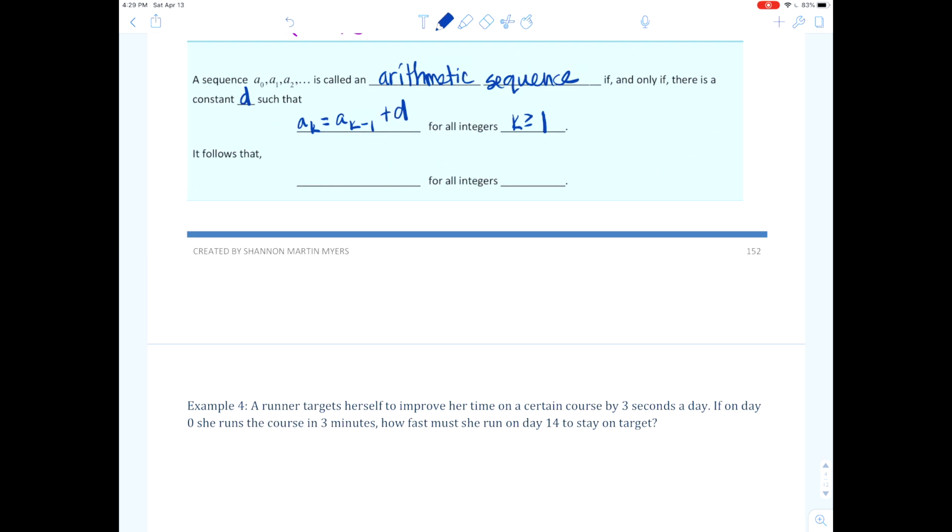So it follows from that that a sub n would equal a0, and then plus, well, you'll have d added to itself n times, so that's d times n for all integers n greater than or equal to 0. Cool, cool?